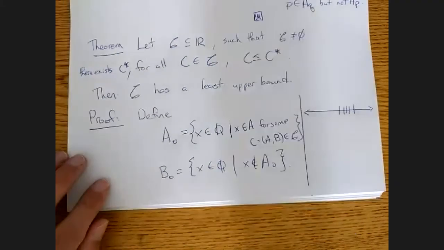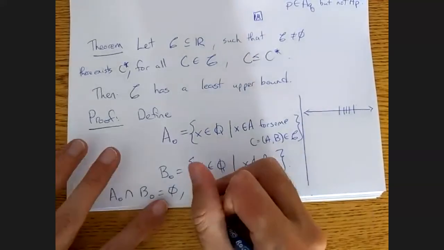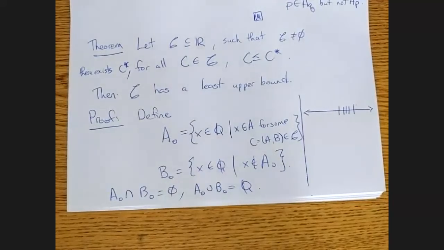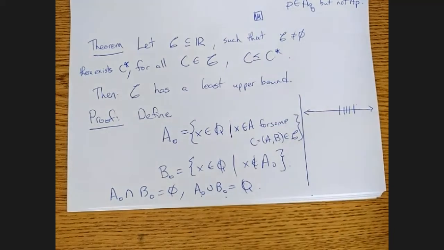Okay, so automatically we get that A0 intersect B0 is the empty set and A0 union B0 is the rationals. We also want to show that A0 has no greatest element. Then we'll have a Dedekind cut.